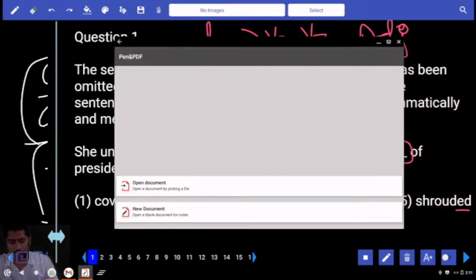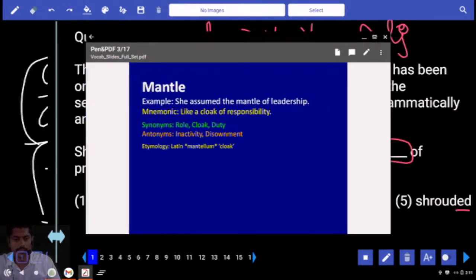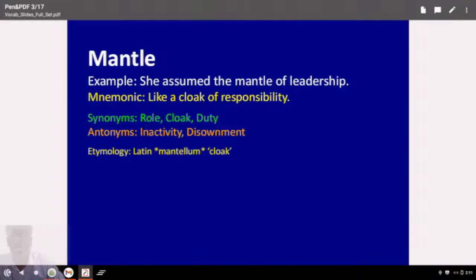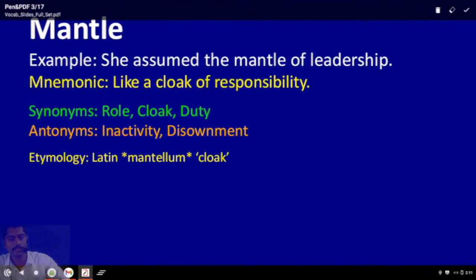What is mantle, sir? Mantle means what? A kind of duty, a kind of role is called mantle. A kind of helmet, a kind of throne is called mantle. Role, cloak, duty.